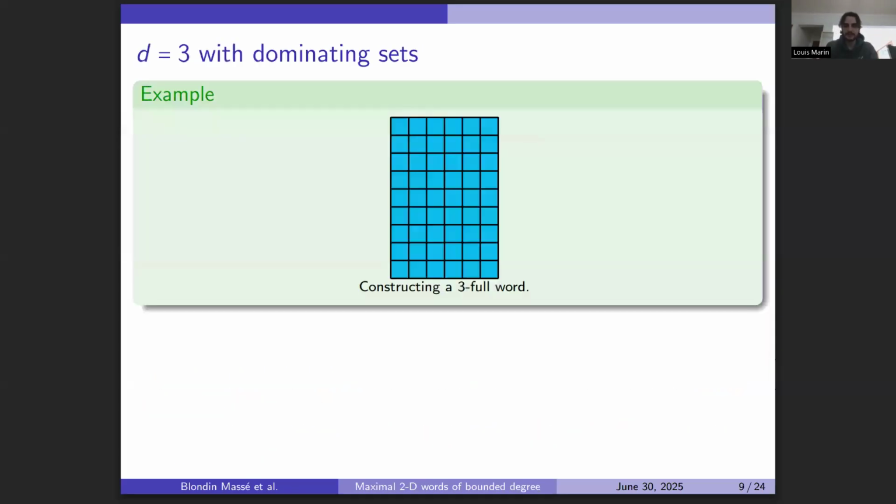But thankfully, like I said earlier, a recent article has solved it for the case of the grid graph, and we will see how this can be used for us. So we'll try to use a dominating set to construct a threefold word. How do we do it? First we start with just a word that is filled with occupied cells.